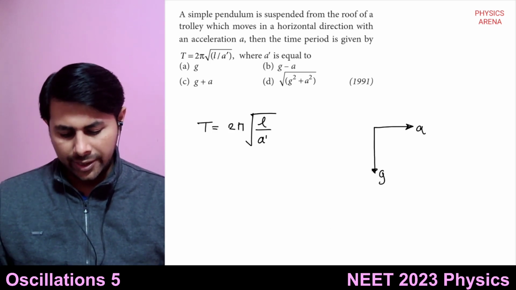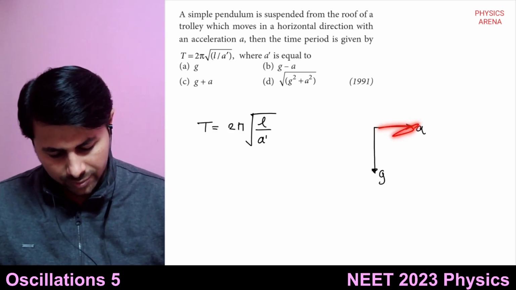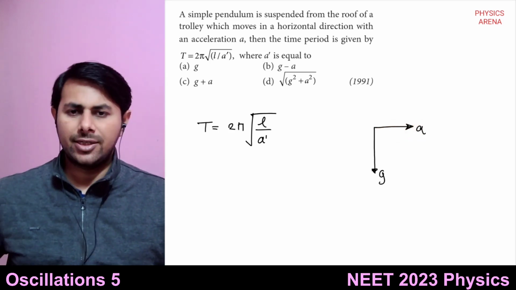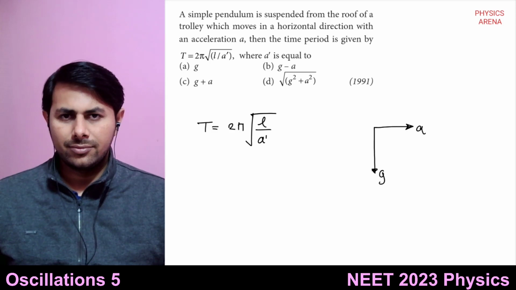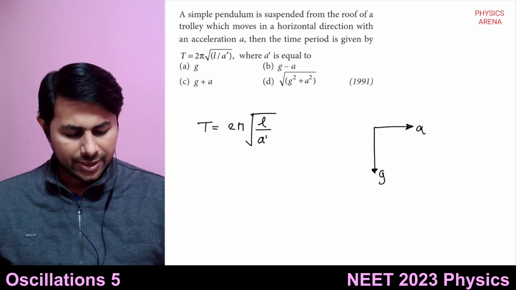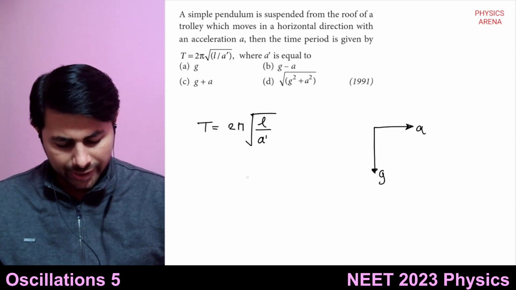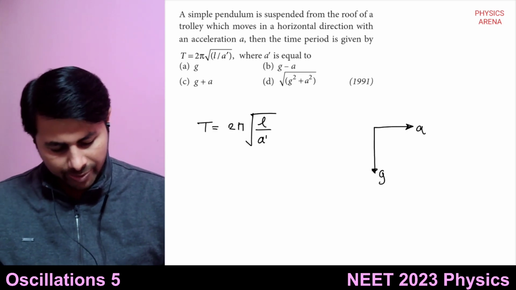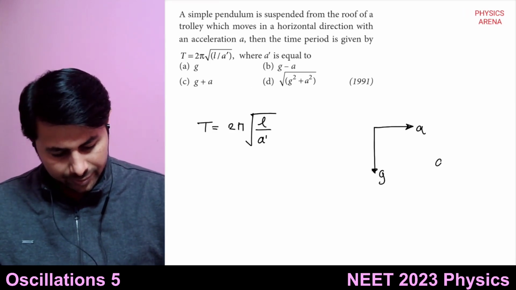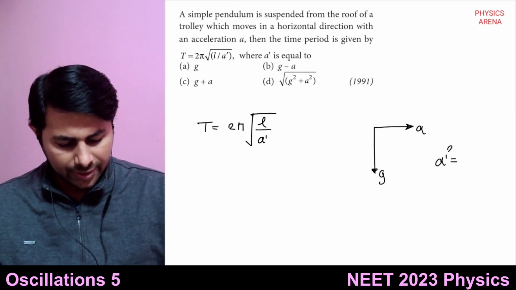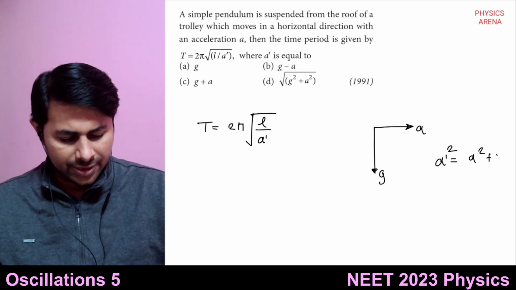So again, what will be the effective acceleration? They are calling it a dash. So a dash square will be equal to a square plus g square.